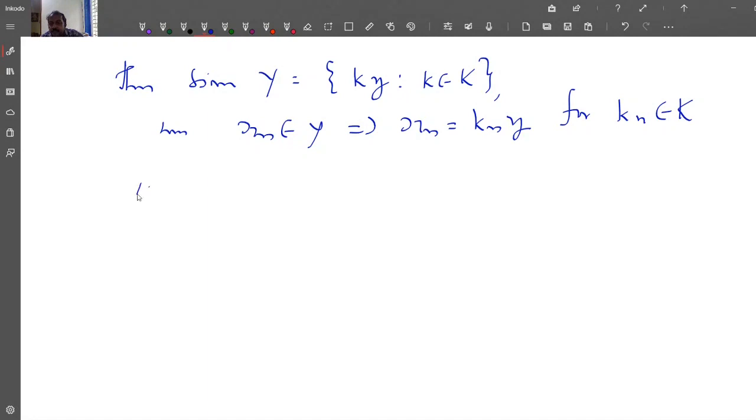Now we have modulus of kn minus kp times norm y is equal to norm of xn minus xp.